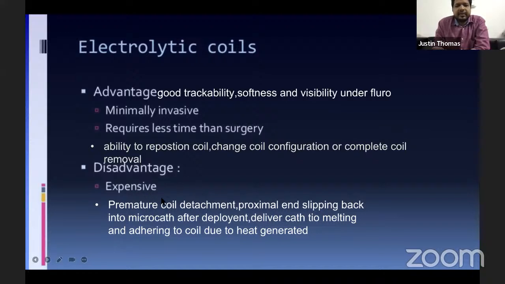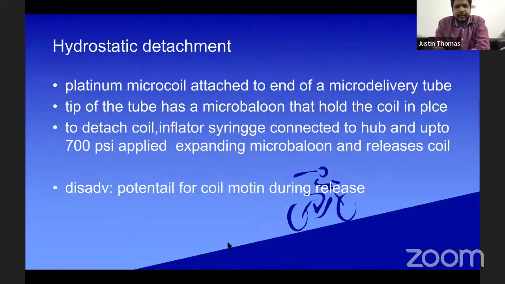But sometimes it can be prematurely detached, and there is slipping of the proximal end into the microcatheter, and due to heat generation, the detachment may sometimes fail. The hydrostatic detachment system includes the use of a balloon.